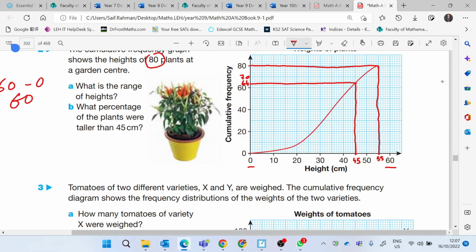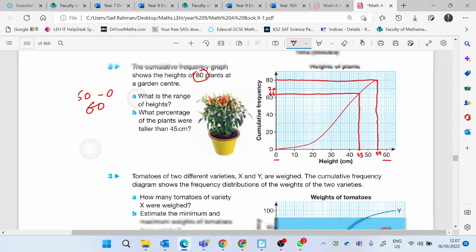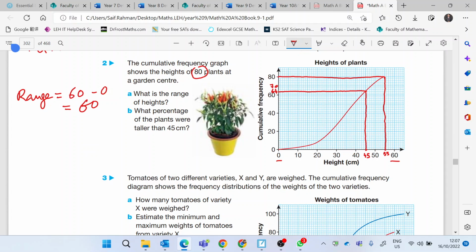So 15 out of 80. So there were 15 plants, okay, taller than 45 centimeters were 15 plants, but it asks you what percentage of the plants.